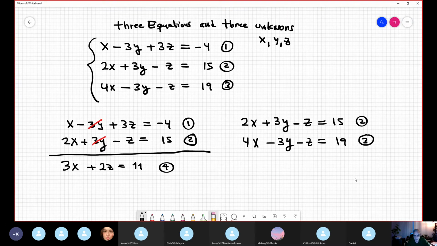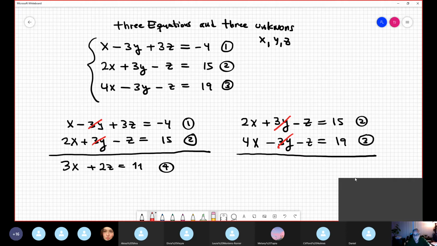But this is not the important thing. The important thing is, if I make a decision in the first couple to eliminate y, it is mandatory that you eliminate y in the other couple. If you eliminate another variable, you are in big trouble. I eliminate y here, you eliminate y in the second couple.